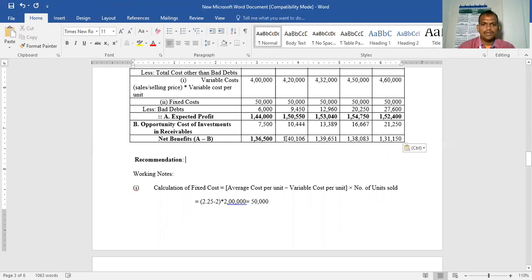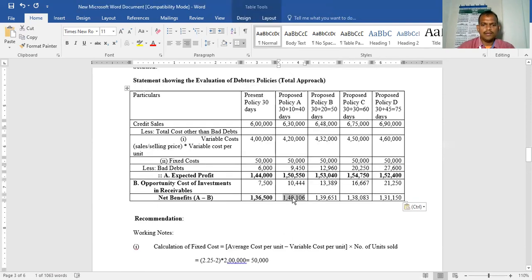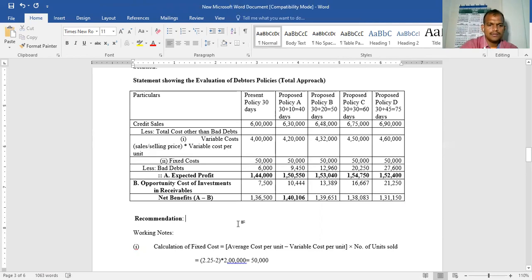So here policy A net benefits are higher.